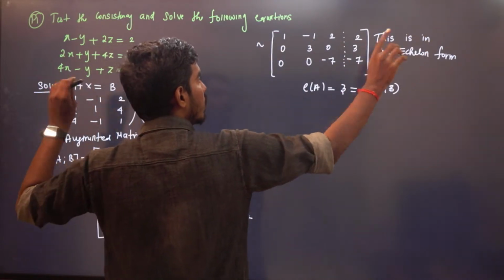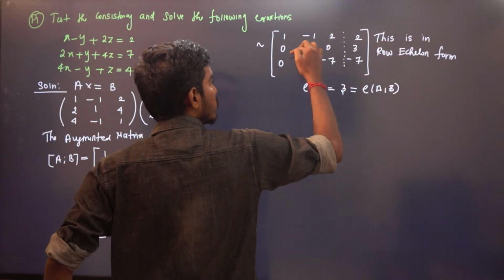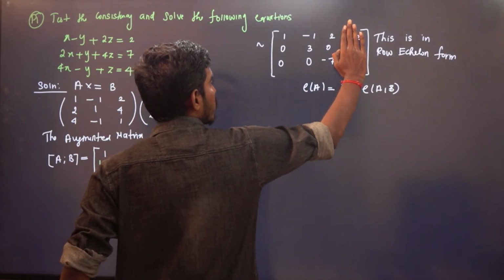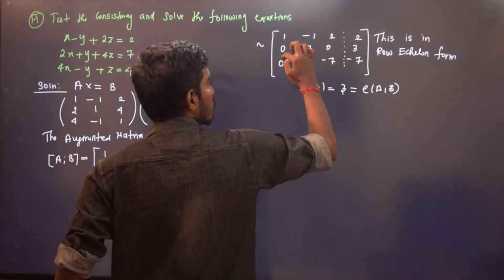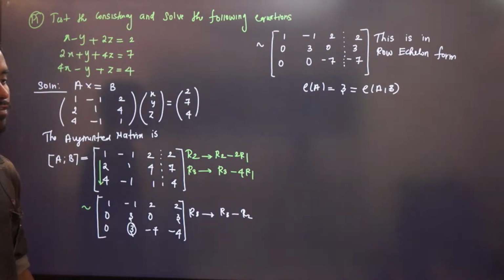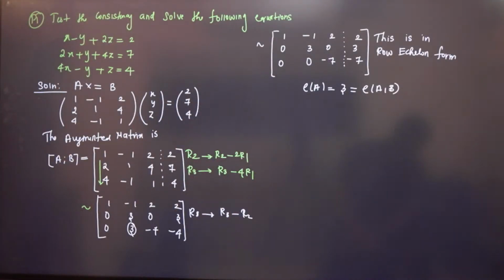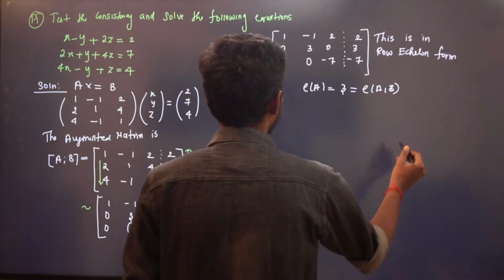Now you see overall 1 non-zero row, 2 non-zero row, 3 non-zero row. So it falls under case 1, right? Rank of A and rank of A comma B both are equal to 3, which is equal to total number of variables.